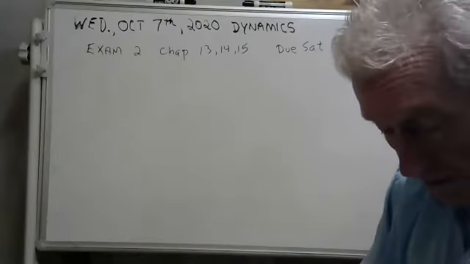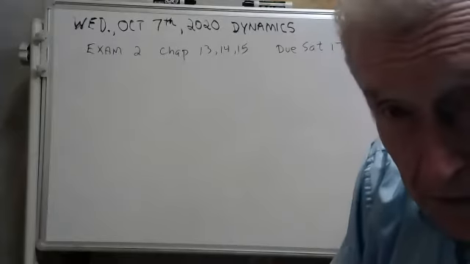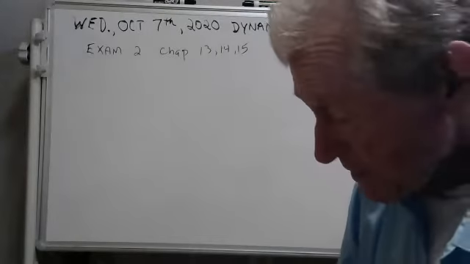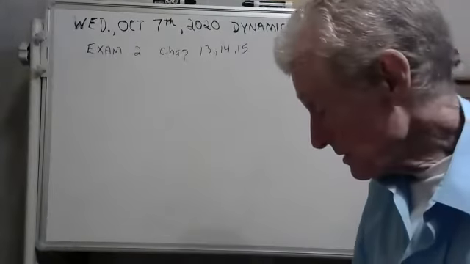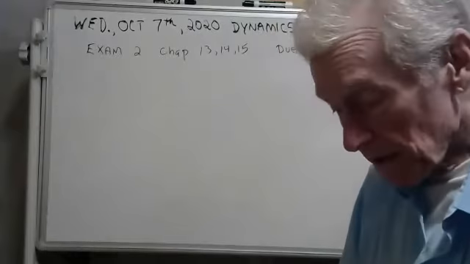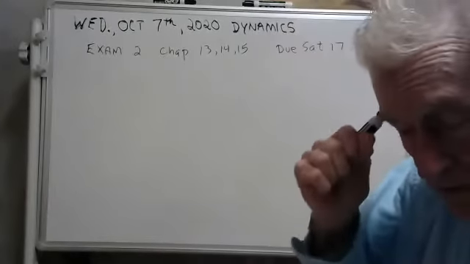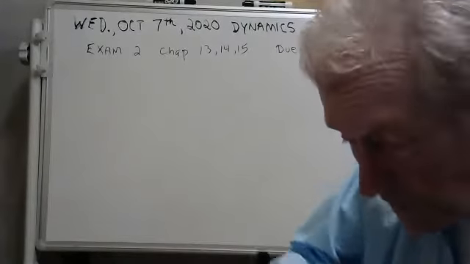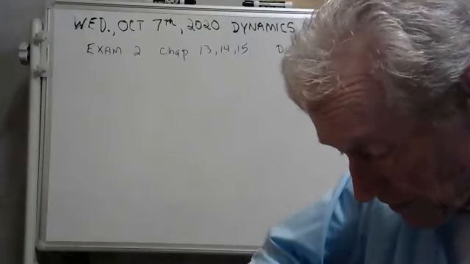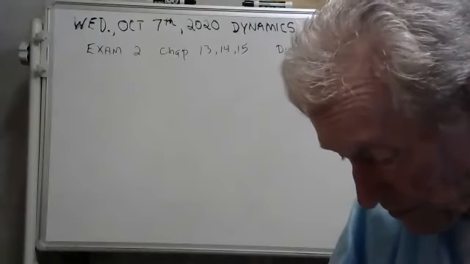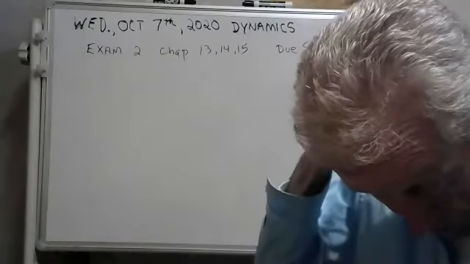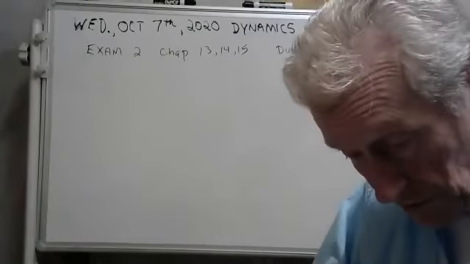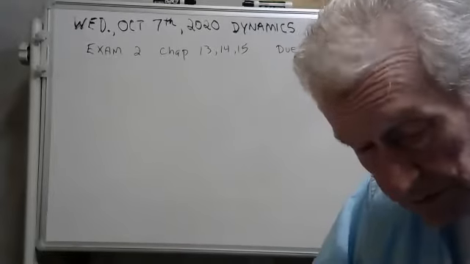All right. I've got 9:30. It's time for class to start. So let's get started. Let's have a quick review of stuff we've studied in this course. What is this, October? We started in August, didn't we?